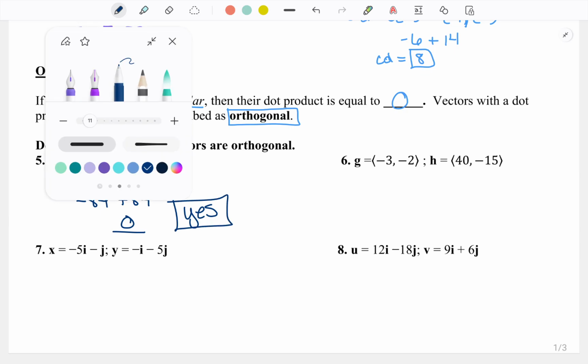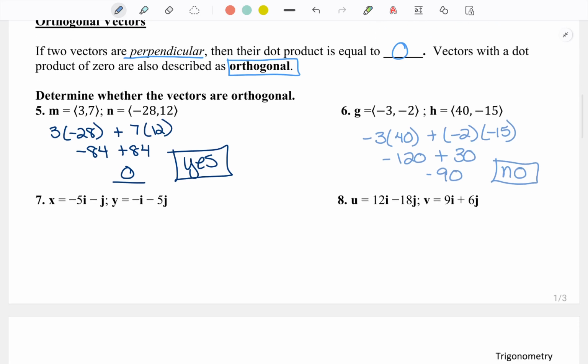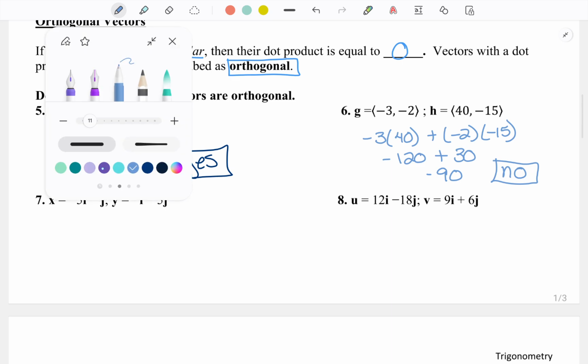And then for number 6, we have negative 3 times 40 plus negative 2 times negative 15. So this gives us negative 120 plus 30, so it gives us negative 90. So no, these are not orthogonal vectors because that dot product is not 0.